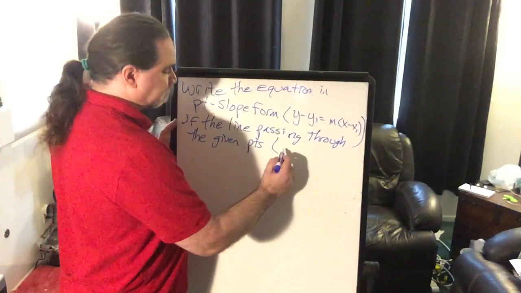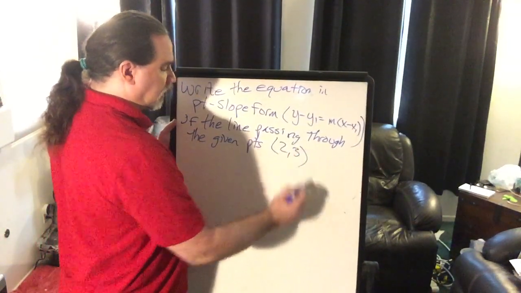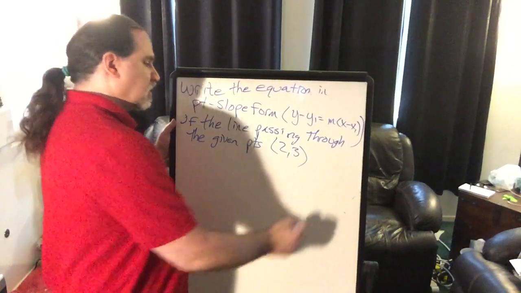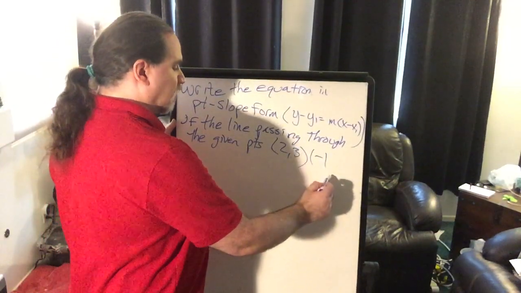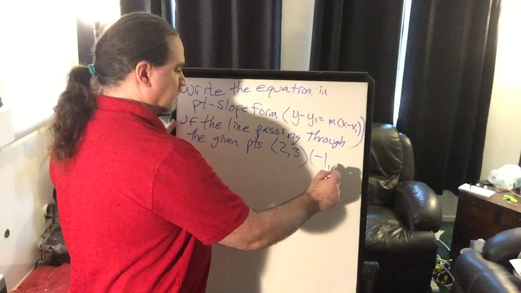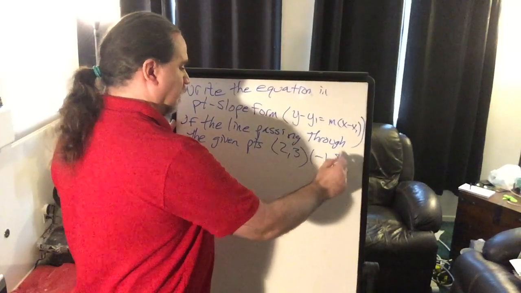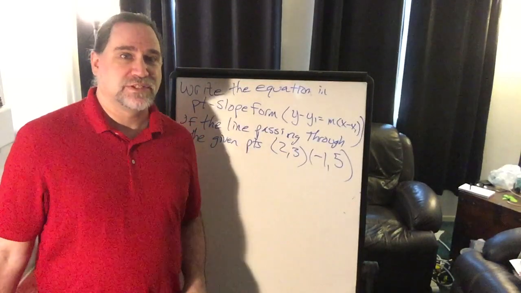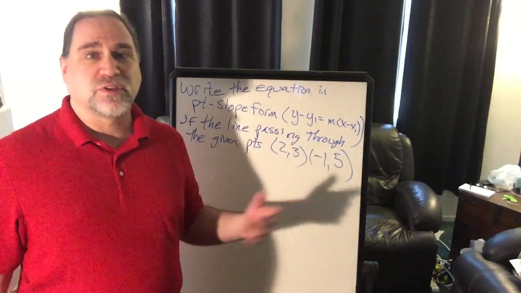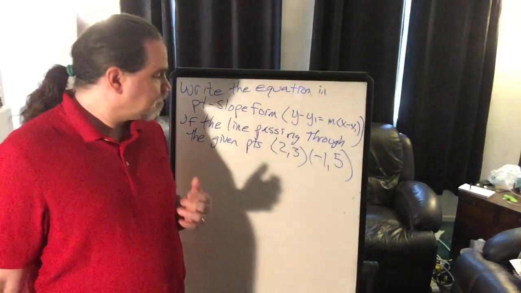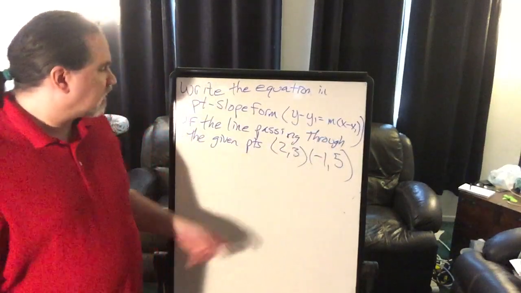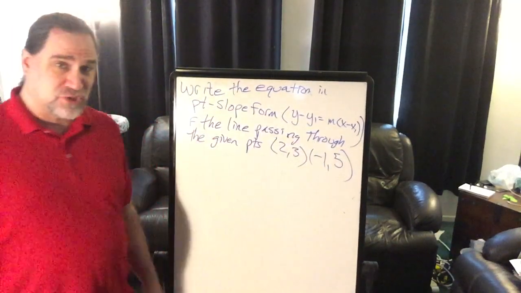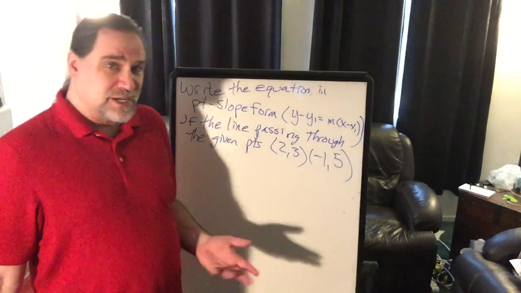We're going to go like, (2, 3), and how about (-1, 5). I don't know. That seems reasonable. I just picked small numbers so the math was easy and something I could do quickly. Well, in order to write an equation in point-slope form, I need 2 things, right? I need a point and I need a slope.